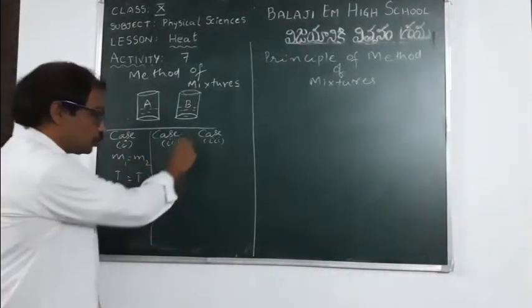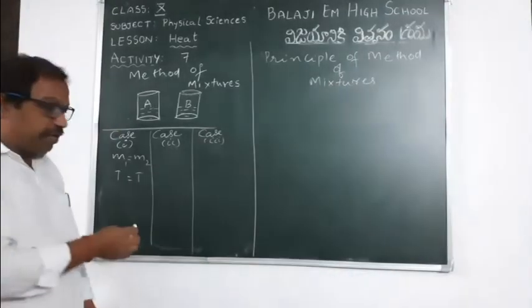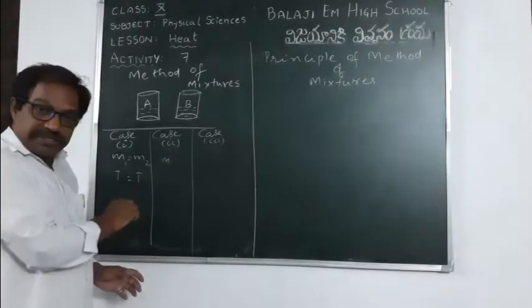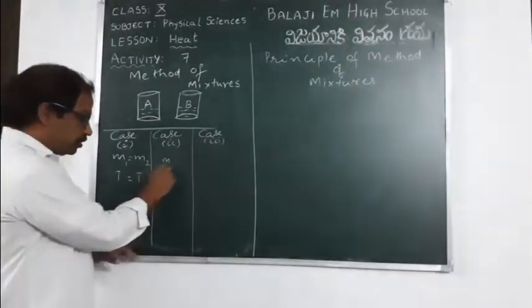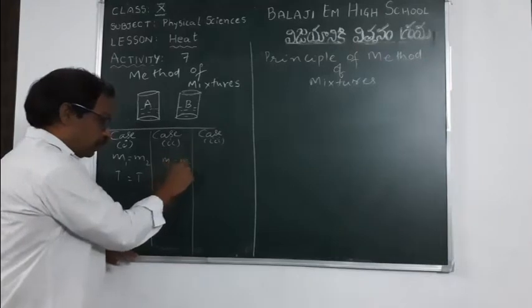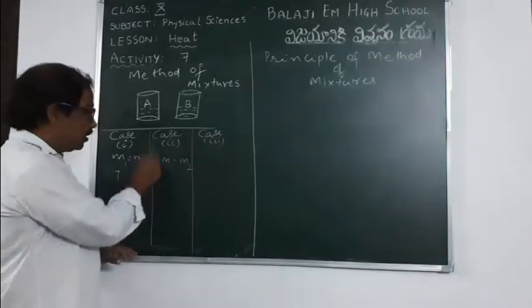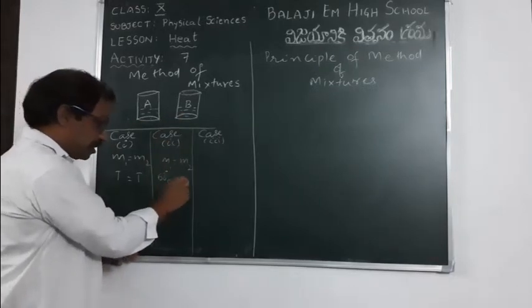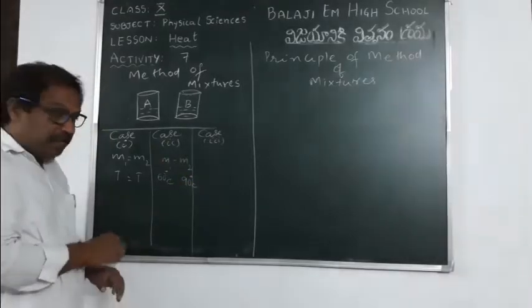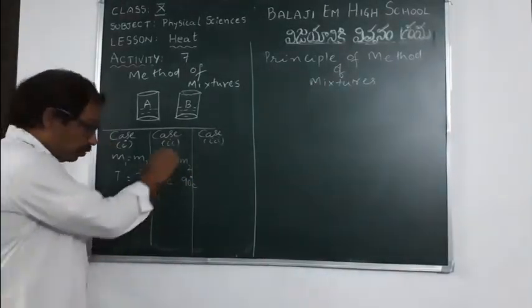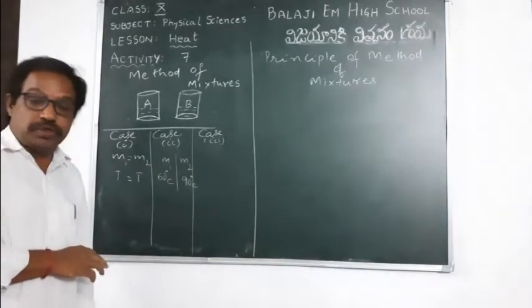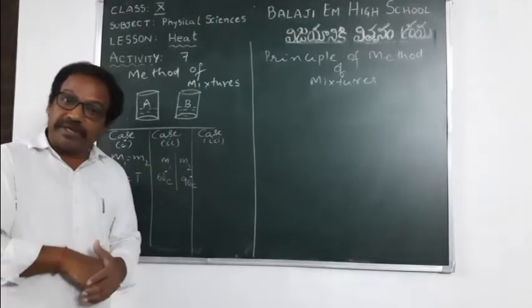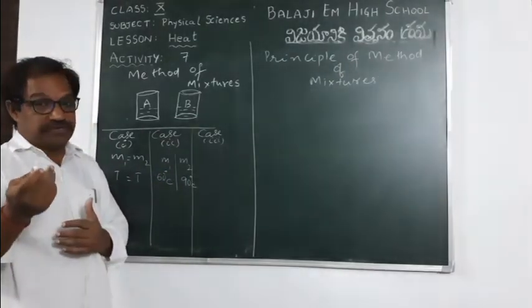Now in case 2, let us take the same masses with different temperatures. Suppose M1 is equal to M2, and A has 60 degrees centigrade, and B, let us take, is 90 degrees centigrade. When you mix these two samples A and B, what is your observation?